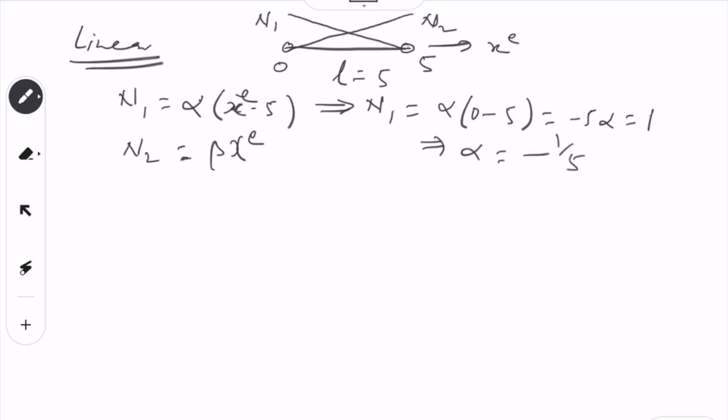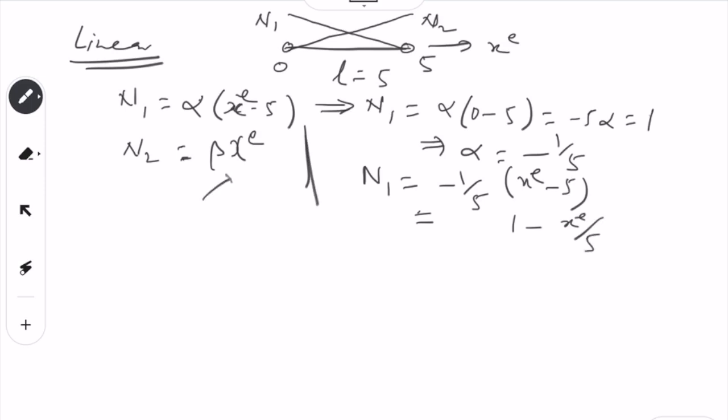This tells you that N1 will be minus 1 over 5 times xe minus 5, which is equal to 1 minus xe over 5. This is the answer.